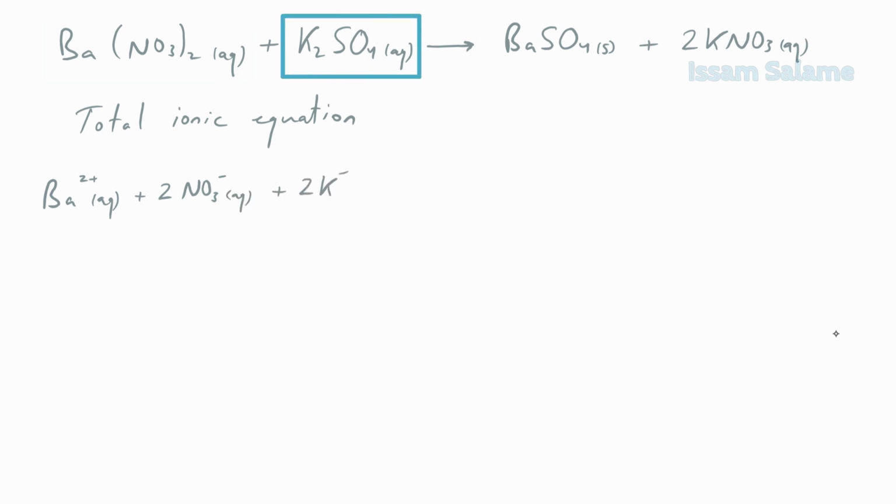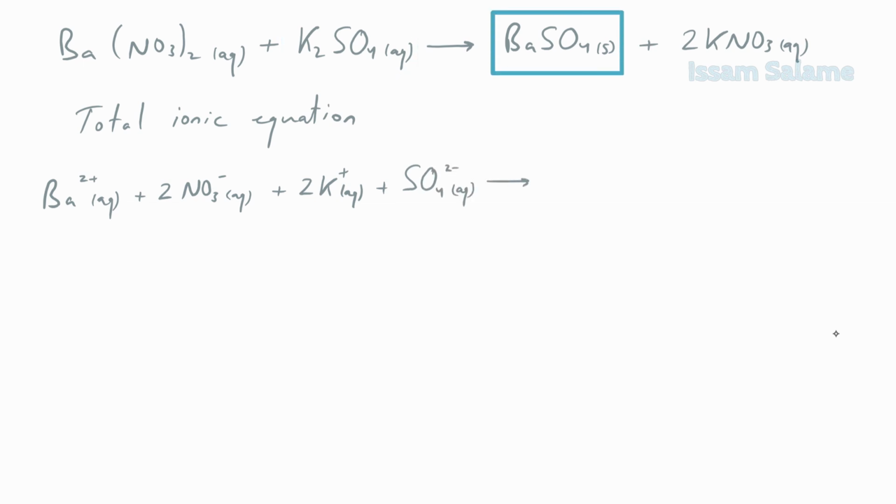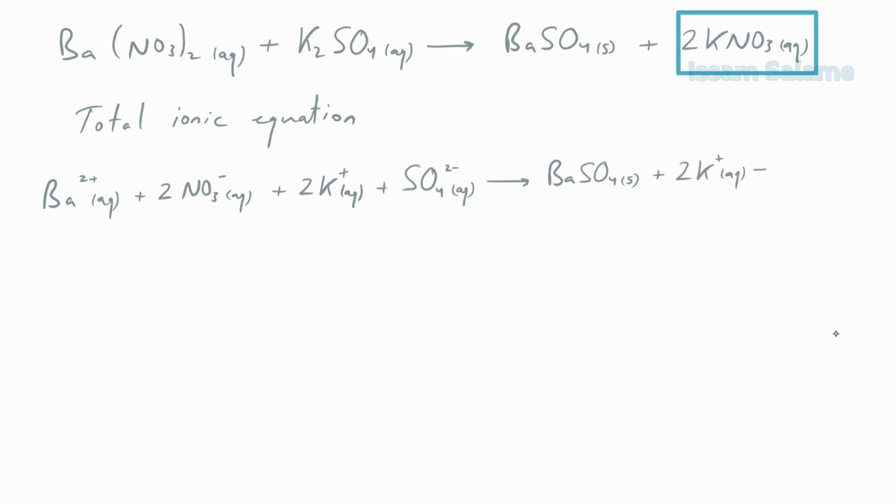Potassium sulfate will be dissociated into 2 potassium ions and 1 sulfate ion. Barium sulfate is not going to be dissociated since it is solid. As I told you, we only split aqueous compounds. And potassium nitrate is going to be dissociated into potassium ions and nitrate ions.